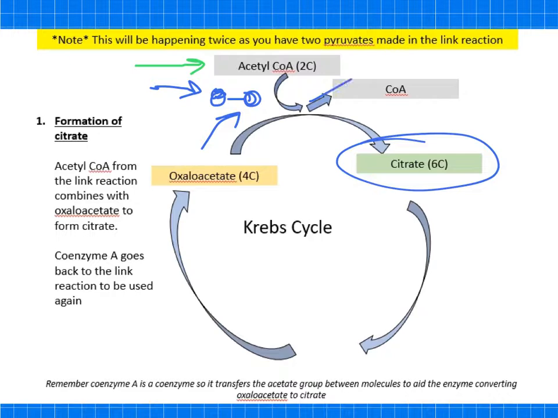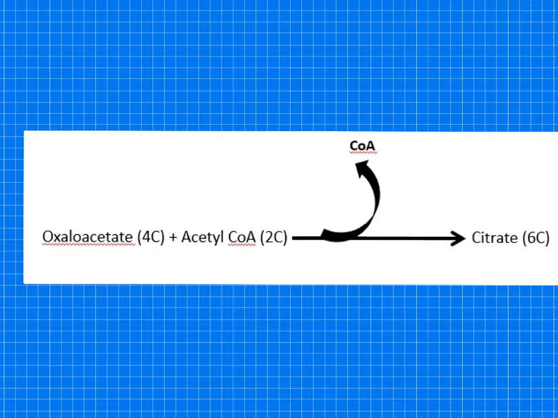Notice that the coenzyme is released and it goes back to the link reaction to be used again. So to summarize the first stage, acetyl coenzyme A comes from the link reaction, which is 2-carbon, and it combines with the 4-carbon oxaloacetate and forms citrate, which is 6-carbon.